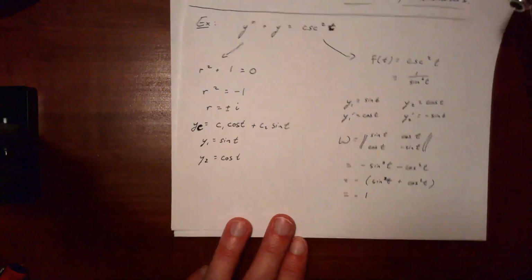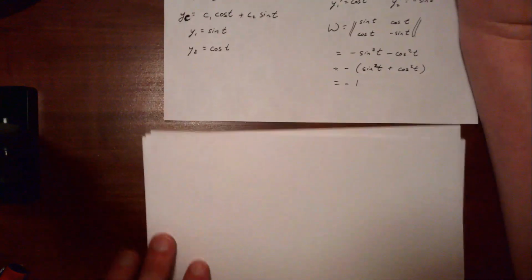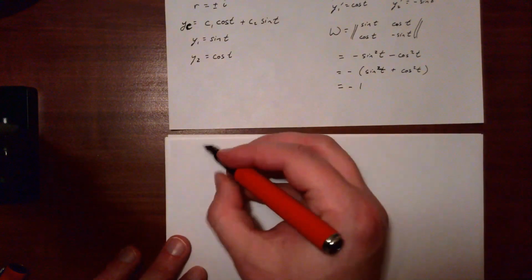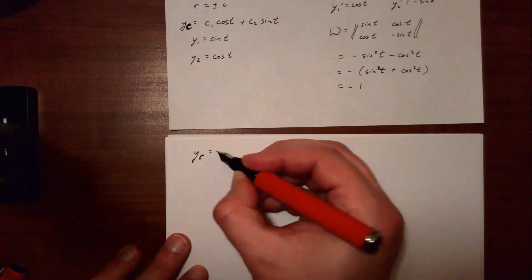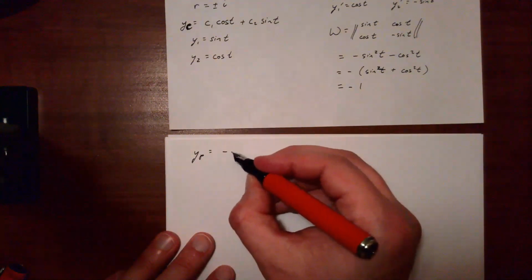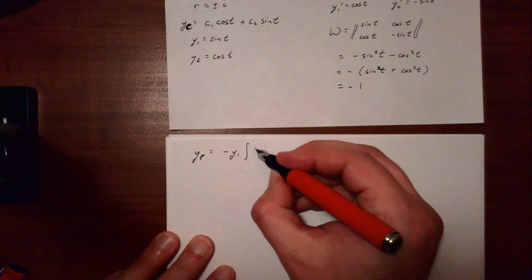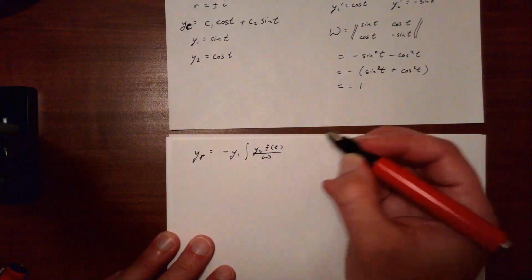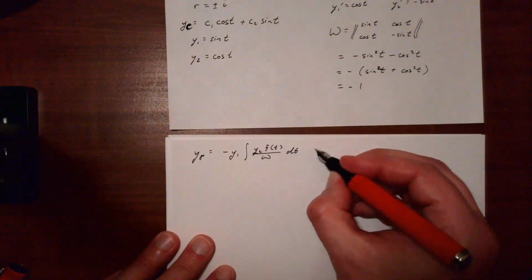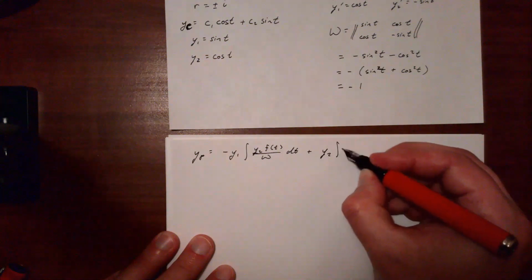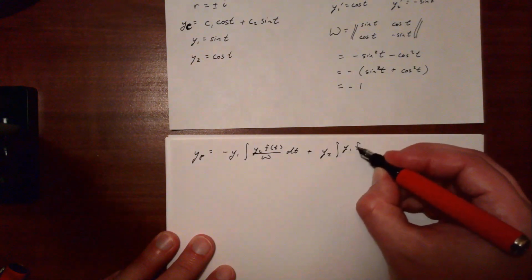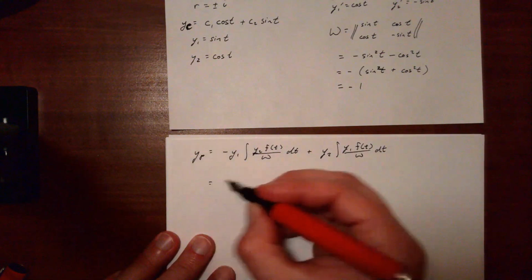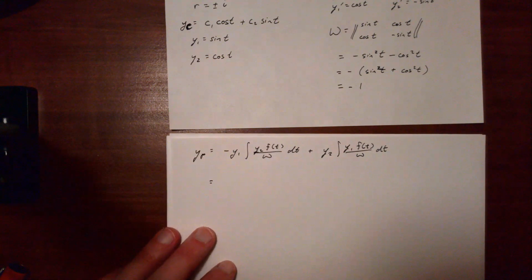Okay. Now, let's think about the formula here. According to our formula, our particular solution is going to equal negative y1 integral y2 f of t over W dt plus y2 integral y1 f of t over W dt. Now let's figure out the pieces of this.